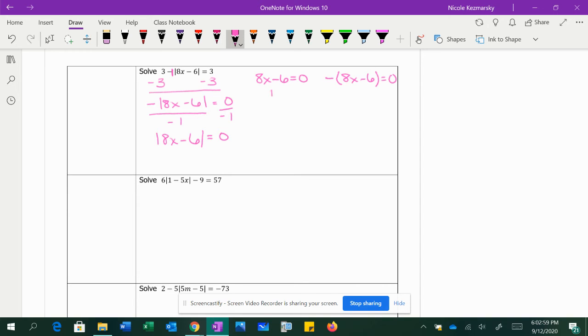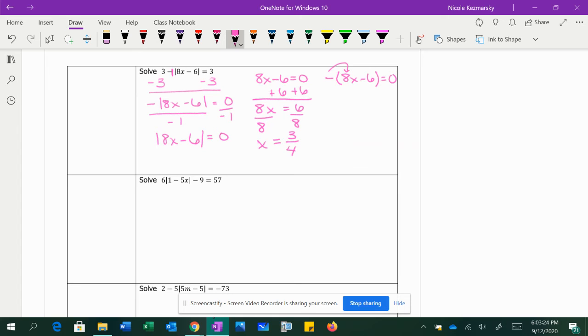Solving the equation on the left, I'll do plus 6 to both sides and get 8x equals 6. I'll divide by 8. 6 does not divide by 8 nicely, but it does reduce because both are divisible by 2. So I can reduce this to 3 over 4.